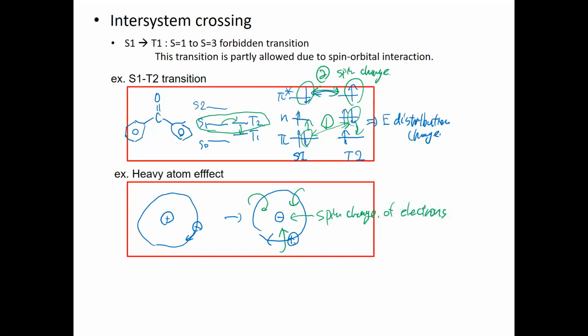This could happen in any of the atoms you could think of, but it is very efficient when this is a heavy atom, meaning a large amount of positive charge. That's why this effect is stronger for the heavier atoms, and that's why it is called the heavy atom effect.